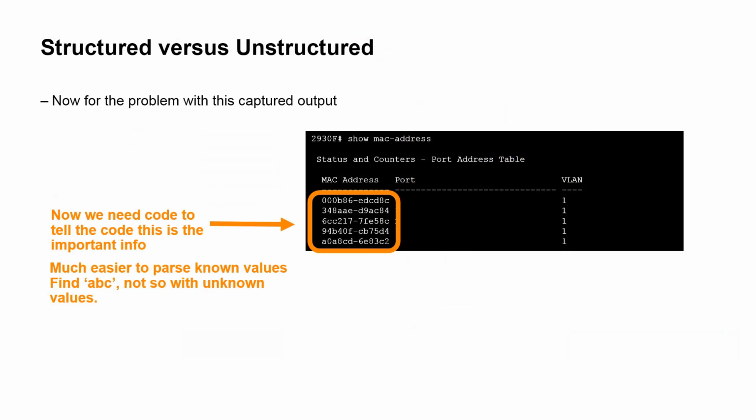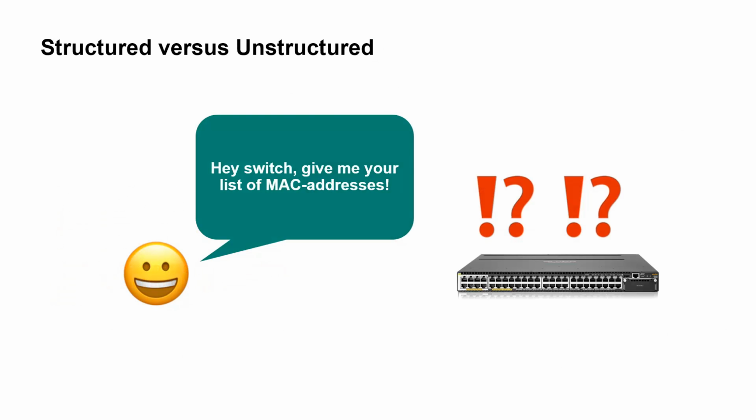If you don't know where it's going to be, or if you're not sure beforehand how the MAC address is presented or where it's going to be in the string, that makes it much, much harder to write code to say to the device, pick out the MAC addresses. What we're essentially saying to the switch is, hey, give me your list of MAC addresses in this example, and the device cannot interpret that. It doesn't know what to give us.